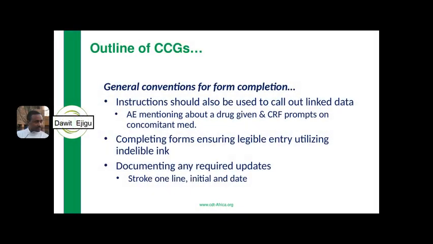The general conventions also should include instructions which are used to call out linked data. For example, if we have an adverse event mentioned, and that adverse event involves a drug given to the participant, then the CRF should prompt the form completers to enter the concomitant medication in the concomitant medication section.